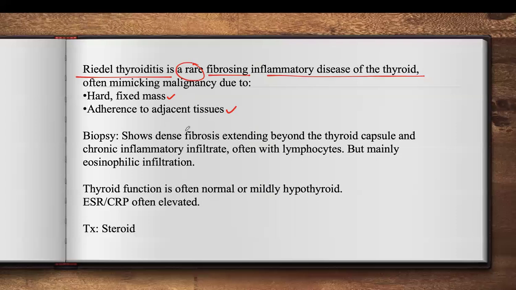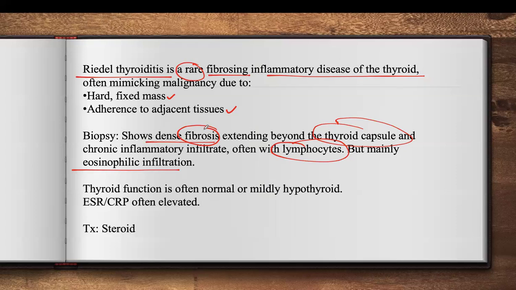Biopsy will show that there is dense fibrosis, and the fibrosis will extend beyond the thyroid capsule. This patient will have chronic eosinophilic infiltration. So in the biopsy, you will get a lot of eosinophils, and often you will also get some other cells like neutrophils, lymphocytes, etc. But the main finding is this diffuse or dense fibrosis, which you don't get in a lot of other thyroid conditions.